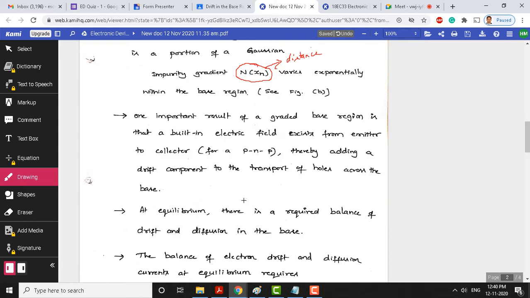In a P N P transistor, this establishes a built-in electric field, because the concentration gradient creates an electric field from emitter to collector. This is responsible for the movement of holes within the base region. We call this drift. Whenever the charge carriers move because of the electric field, we call it drift of charge carriers. That is responsible for the transport of holes within the base region.